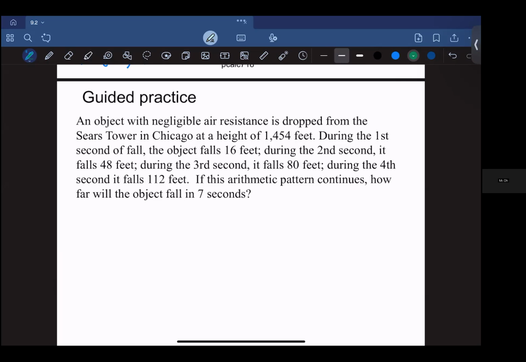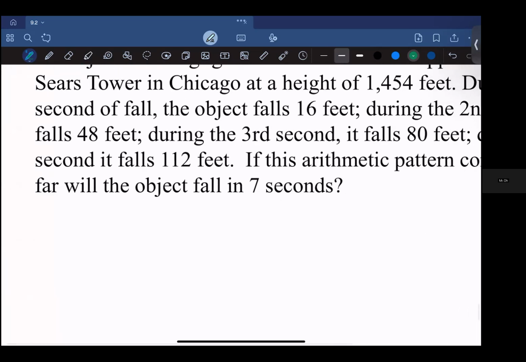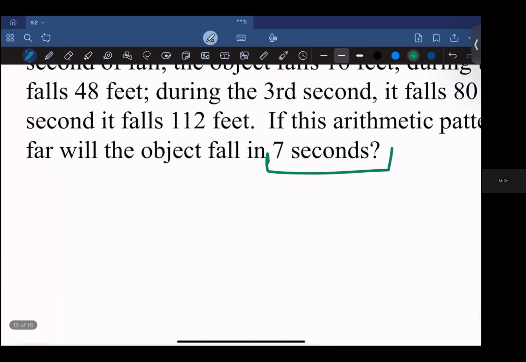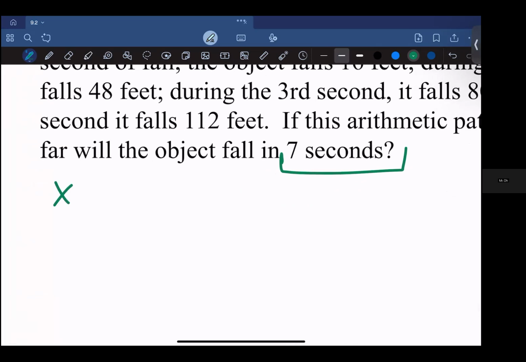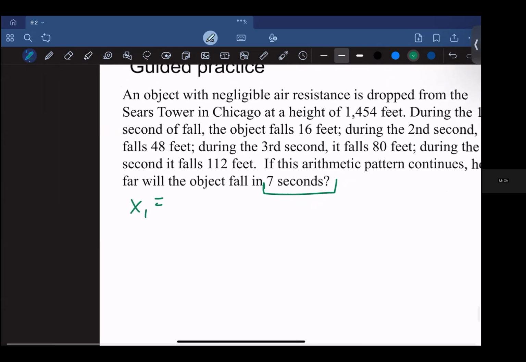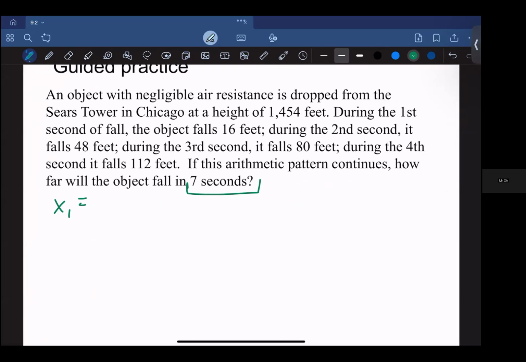This is a great example of us using our series. We're going to figure out 7 seconds, that's our n, and then we're going to add it all up all the way to the 7. So let's get some facts down for ourselves. We're going to use x of 1, that's when it falls for the first second.